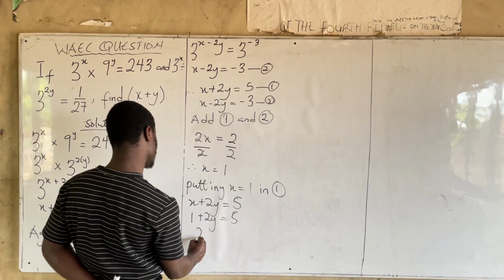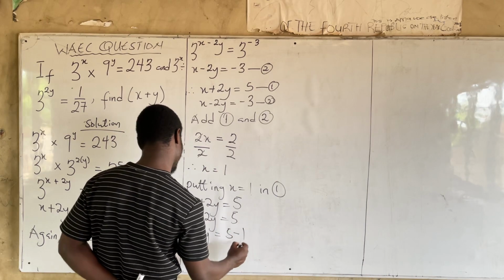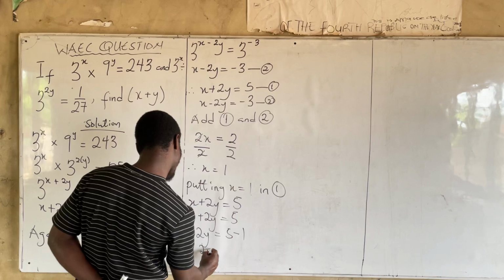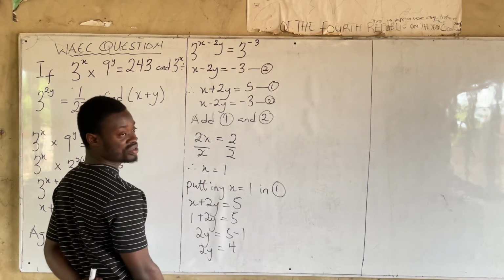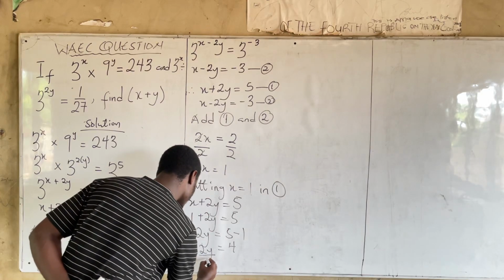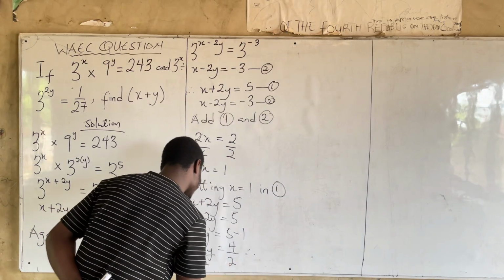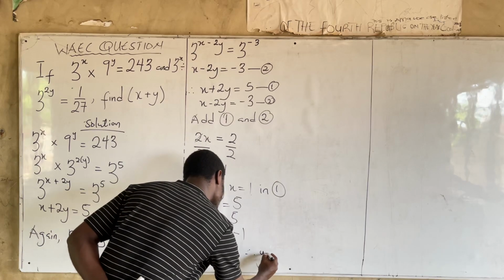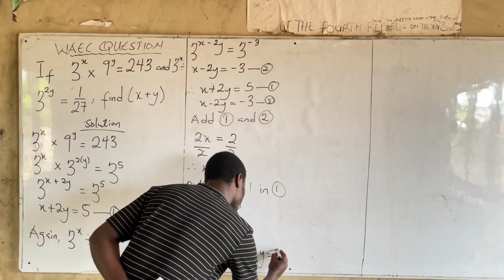Grouping like terms, 2y is equal to 5 minus 1, which is 4. Dividing both sides by 2, we can say that y is equal to 2.